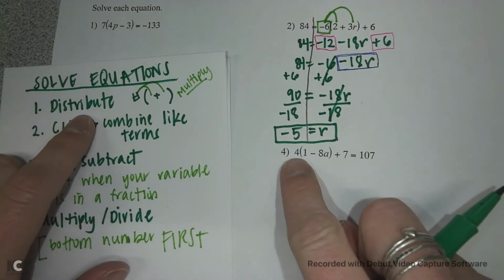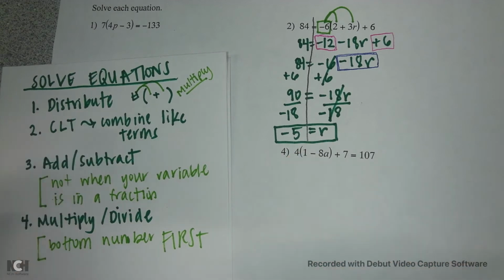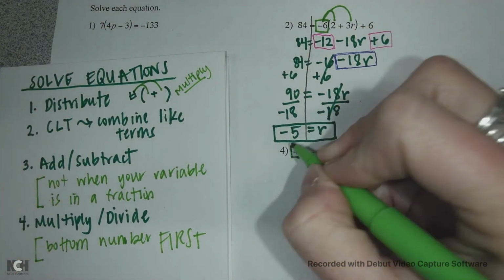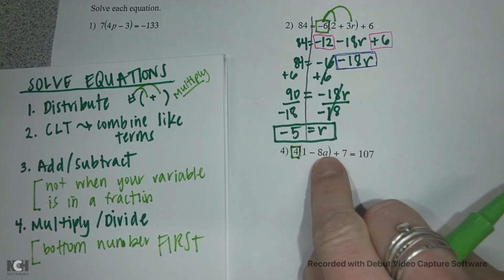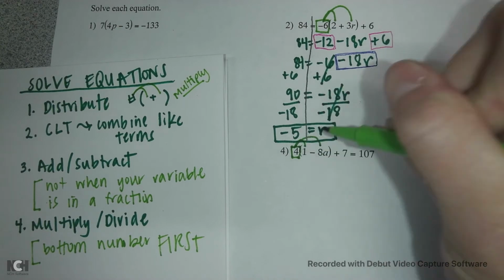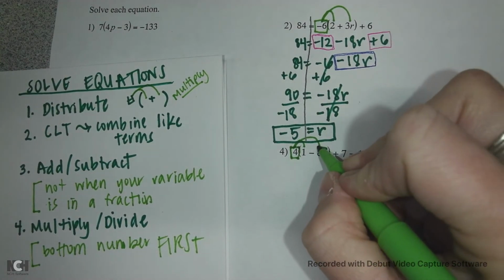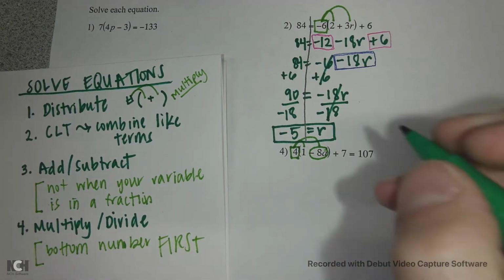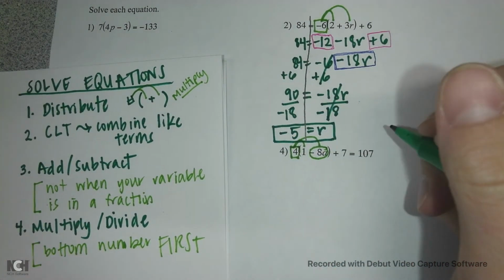Yeah, we can. We've got a leading coefficient, or a number out in front, here, this cute little 4 that we want to distribute or multiply to the terms inside of my parentheses. So I'm going to multiply the 4 times 1, and we're going to multiply the 4 times negative 8. That negative is attached to that 8. Don't forget it.